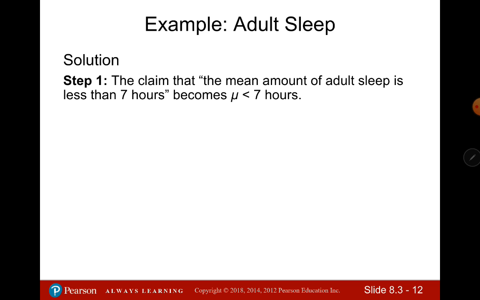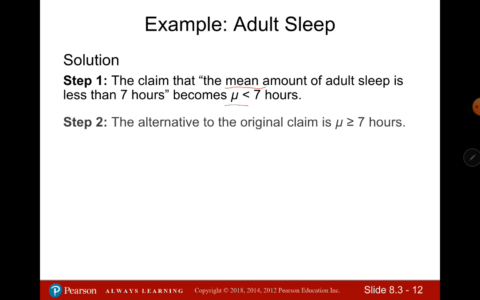So after we find the sentence, next step we need to translate the words into a symbolic form. So of course we translate the mean into our mu, right? And less than, we will put less than 7. So we have the symbolic form of our claim.